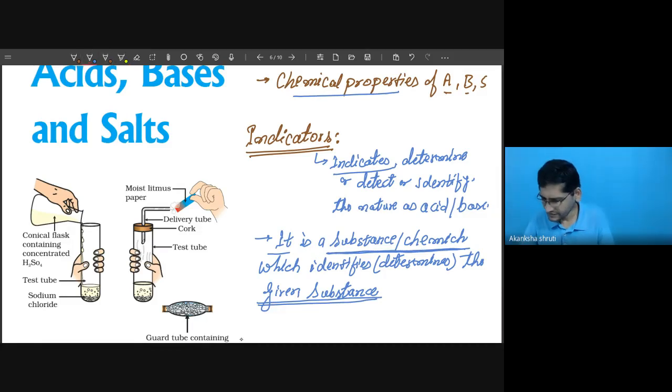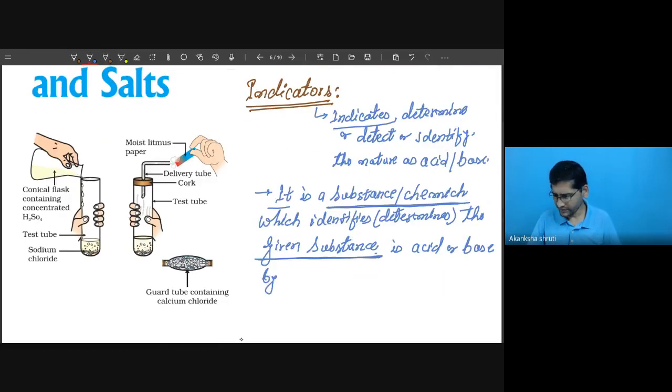The given substance is in the category of acid or base. Whatever the given substance is, whether it is in the category of acid or base, that is indicated by the indicator. How is this indicated? By showing its own property change.